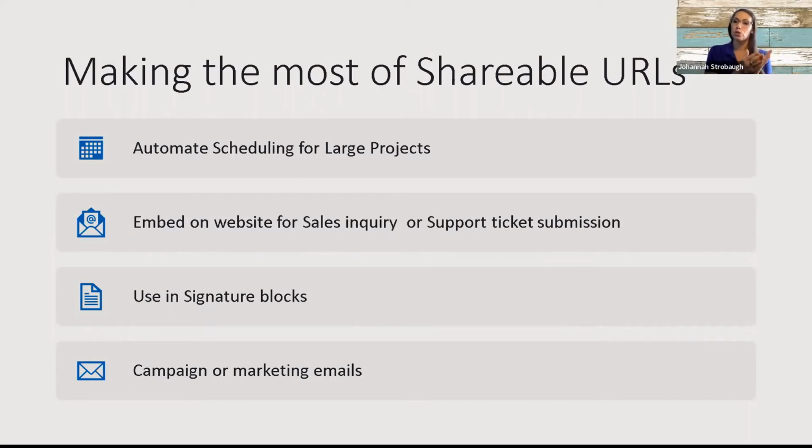When you use a shareable URL in conjunction with a team for team scheduling, it will auto dispatch those tickets as the clients click on the link and schedule, and it'll come onto your board as a scheduled service ticket that's already assigned and ready to go. So that's one way to use shareable URLs.